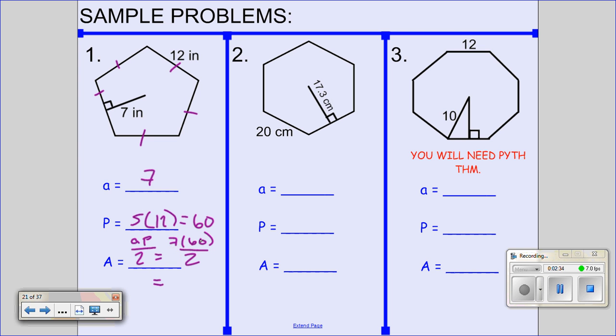Half of 60 is 30, and half of 2 is 1. So now all I have to calculate is 7 times 30, which is a lot less work than 7 times 60 then divided by 2. 7 times 30 gives you 210. Our units are inches, and since I found area, I have to square them. So 210 inches squared.